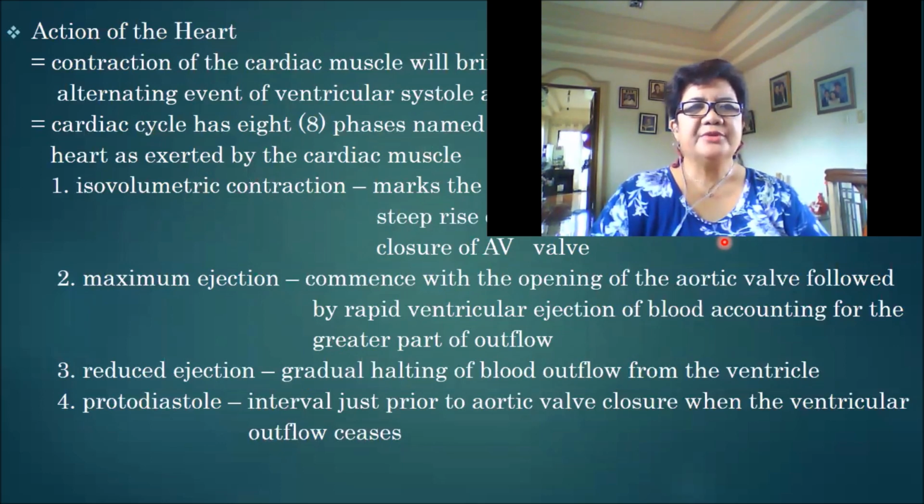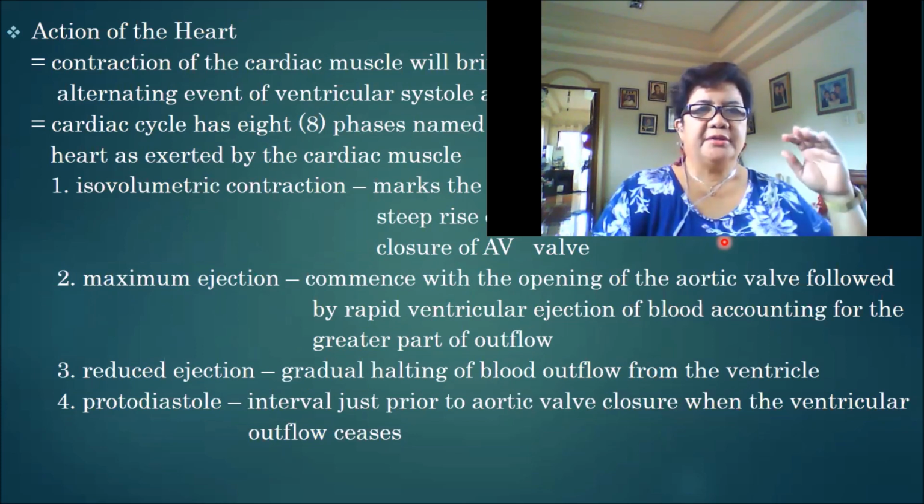So your isovolumetric contraction marks the beginning of the ventricular contraction. Specifically here, what is being discussed is the left ventricular contraction. There will be a steep rise of ventricular pressure augmented by the closure of the atrioventricular valve.